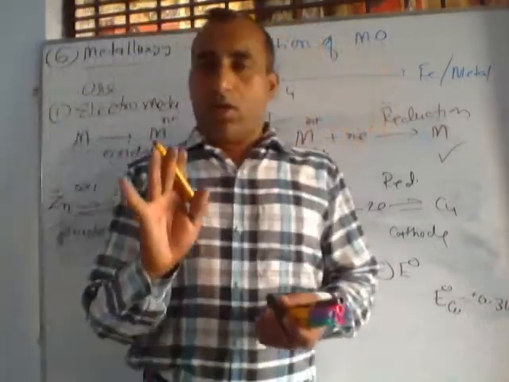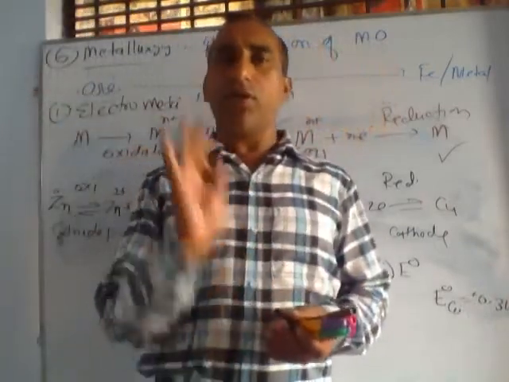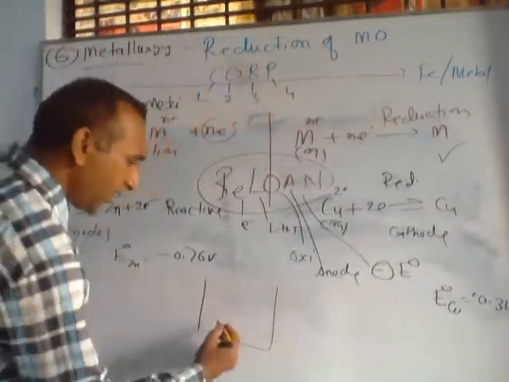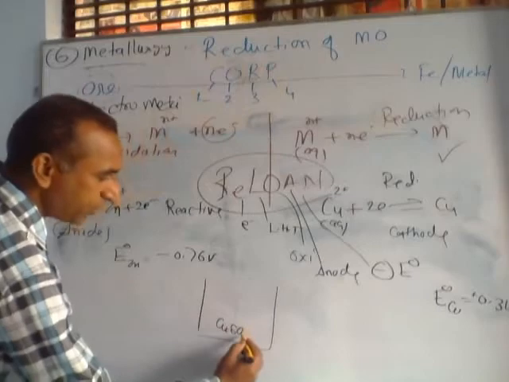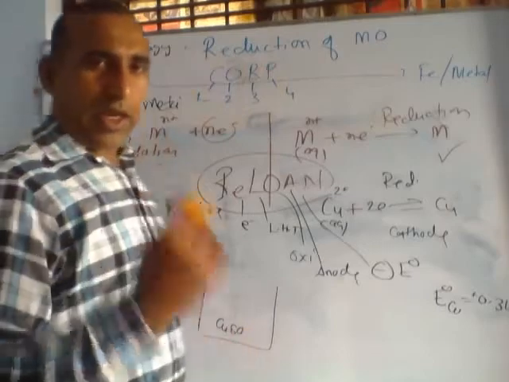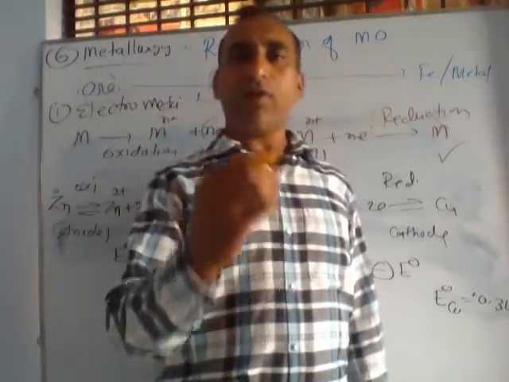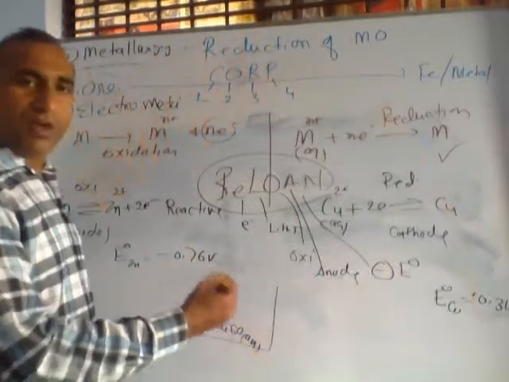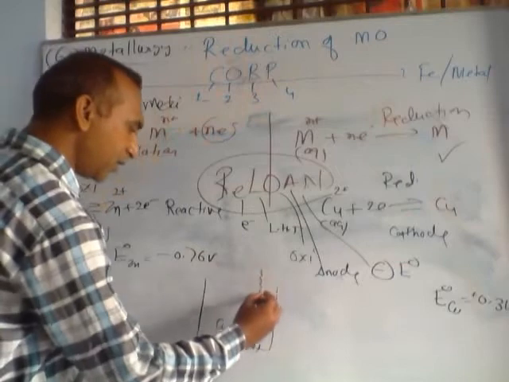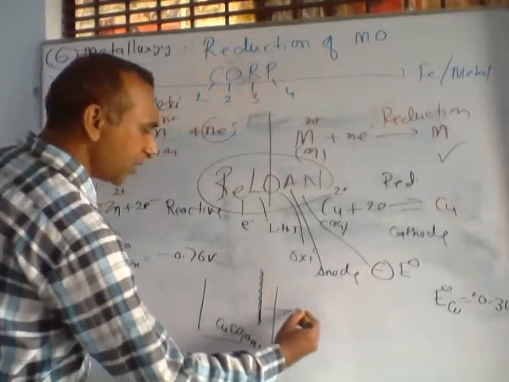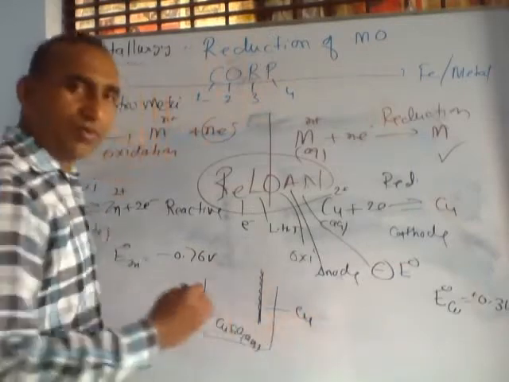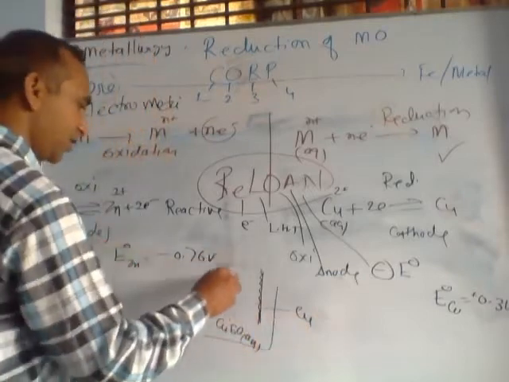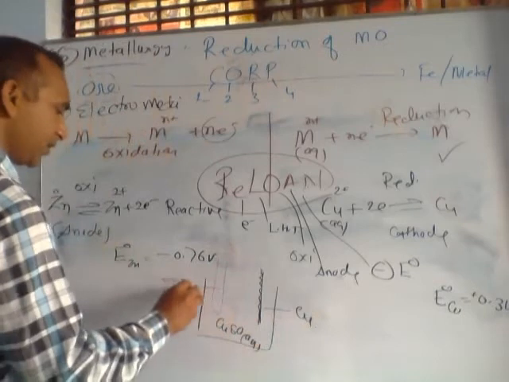So what is the result? What is the conclusion? Suppose we have an aqueous solution of a salt of a metal, copper sulfate solution, and there is a very thin rod of copper and here a thick rod of zinc.